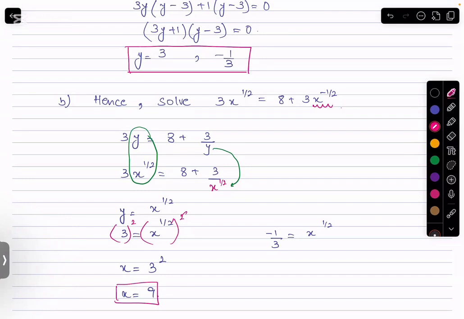But then if I look at the right side, it says it's minus 1 by 3 and x to the power 1 by 2. So now tell me, can I get the answer for minus 1 by 3 equals x to the power 1 by 2?